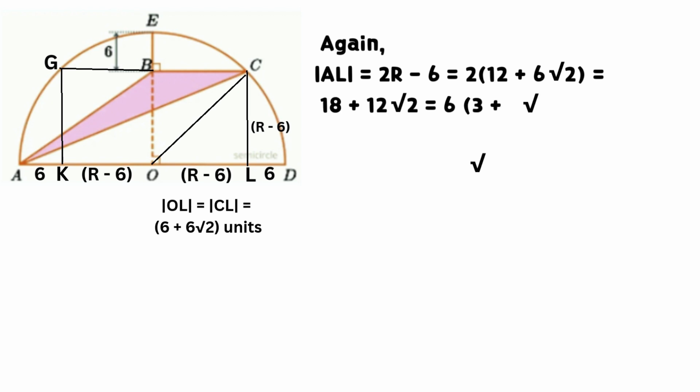Again, line AL equals 2 times R minus 6, which equals the product of 6 and the sum of 3 and 2 times the square root of 2. This implies that line AL equals the product of 6 and the sum of 3 and 2 times the square root of 2 in units.